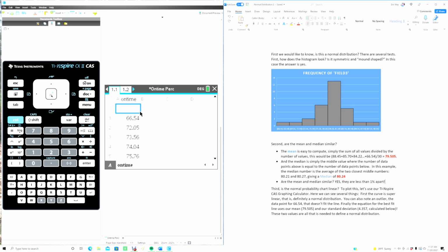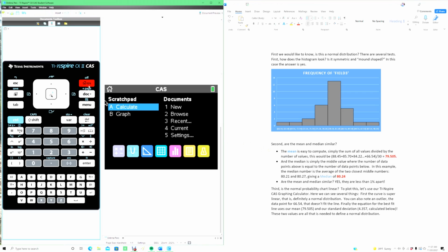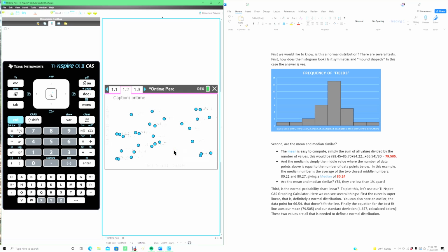Finally, let's look at the normal probability chart and find out whether it is linear. To plot this, we'll use our TI-Nspire CAS graphing calculator. To do that, you go to the On button, click Graphs, that's the pink icon, and then click to add variable on the bottom. We're going to type on time. Actually, it already put that in for us, but that's the variable that you remember we had assigned up above.